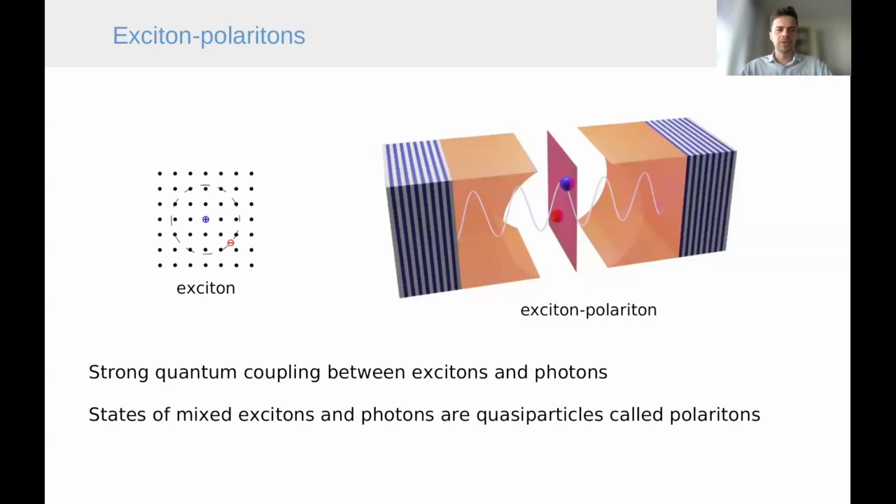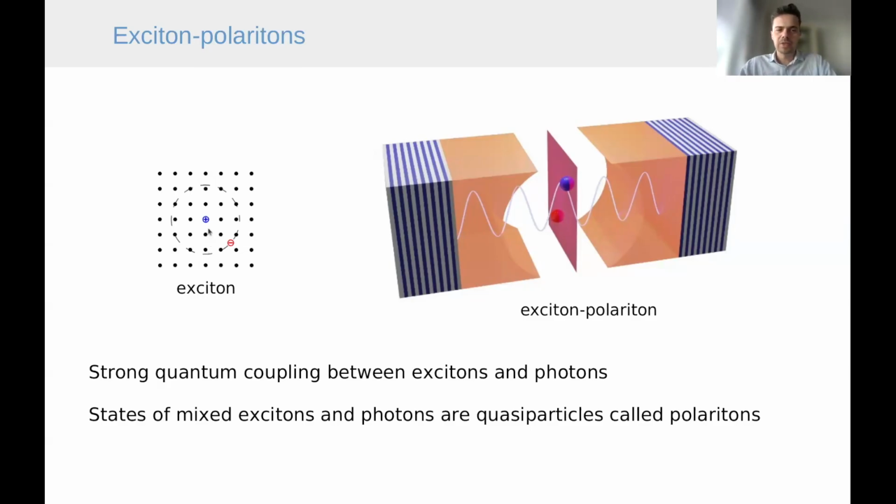So you can think of it as a kind of hydrogen atom in a semiconductor, but with quite different energy scales. Energy scales for such excitations are usually in the range of electron volts.